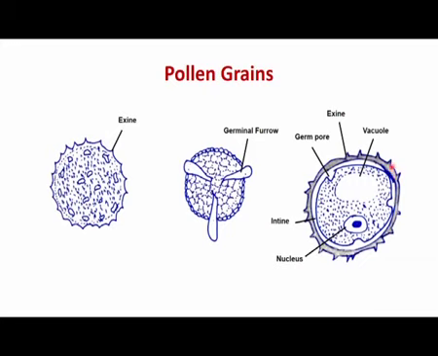One is called the exine, which is outside, and the other one is called the intine, which is inside. The exine is the outermost layer, and it is composed of a material known as sporopollenin, which is an organic polymer that provides resistance to oxidants as well as other kinds of physical damage.